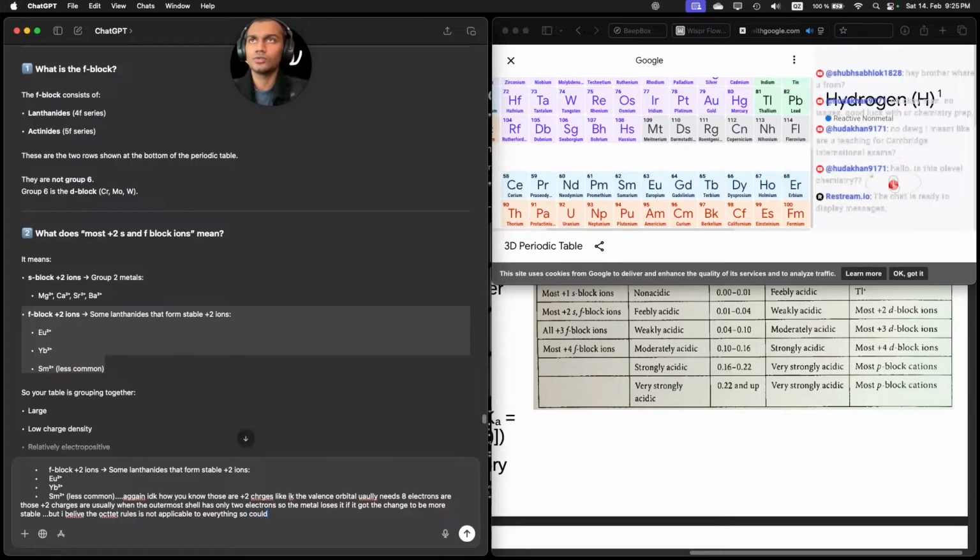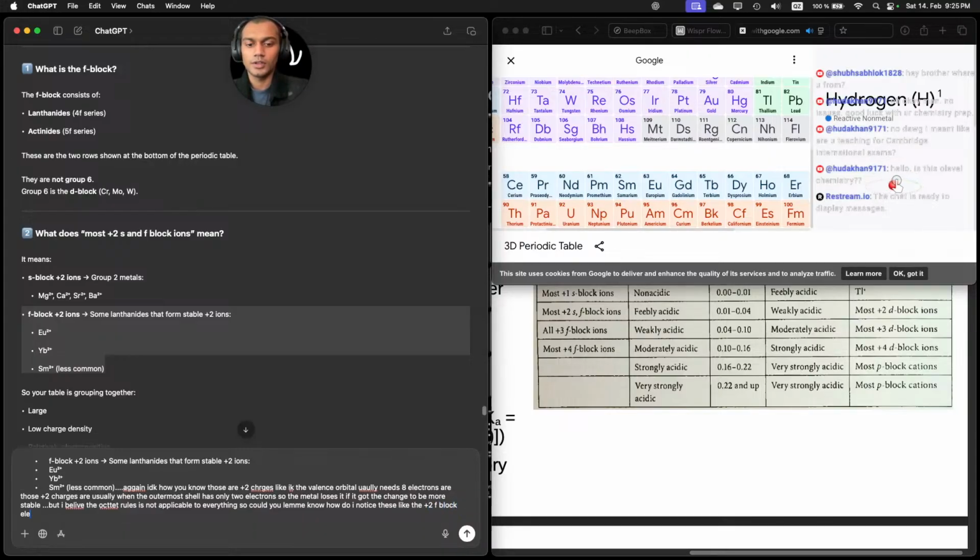So, could you let me know how do I notice these? Like the +2 F block elements, how will I know when I see something like Eu, and from that figure out that it's weakly acidic as part of the table I have in my notes?